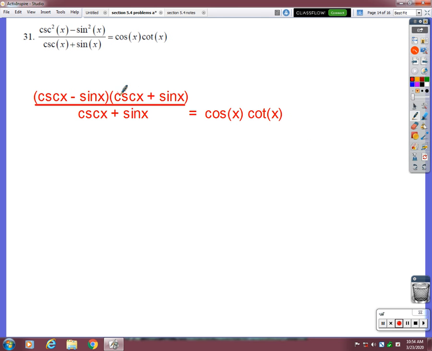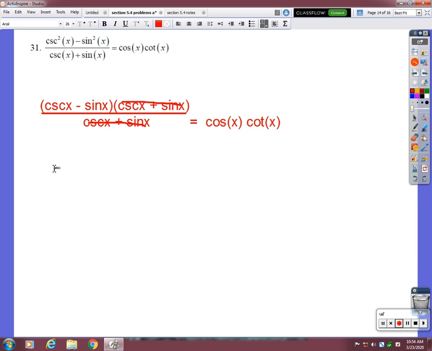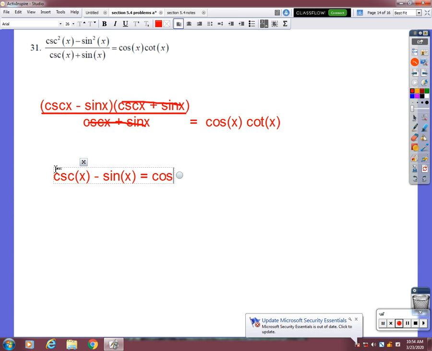Okay, so now this and this cancel. So that leaves me with cosecant of x minus sine of x equals cosine of x times cotangent of x.